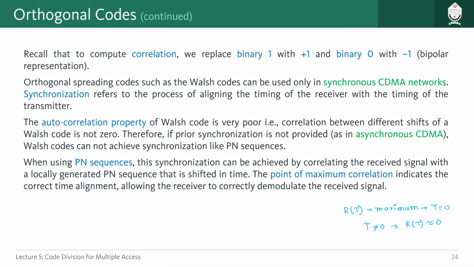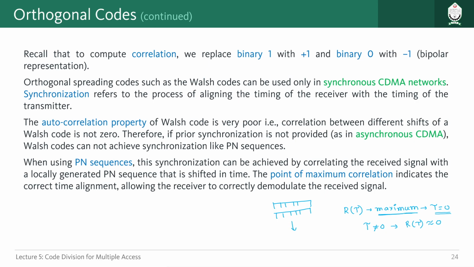If you remember from our third property of randomness, we said that for PN sequences, whenever the value of tau, that is the shift in time, is 0, that is, identical signals correlated with each other, that will result in the maximum value.